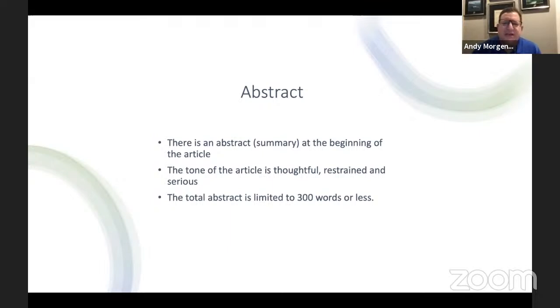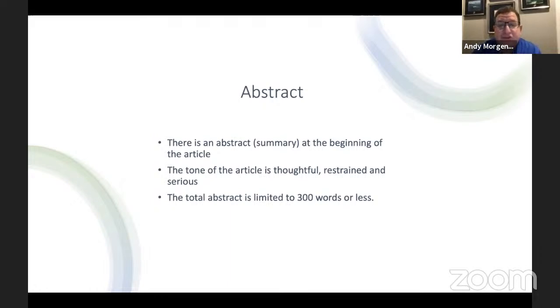And what you see when you go to type in keywords, which are words that reflect the majority of the article's discussion, is that it'll pull up abstracts. And those abstracts are really a summary of the beginning of the article.